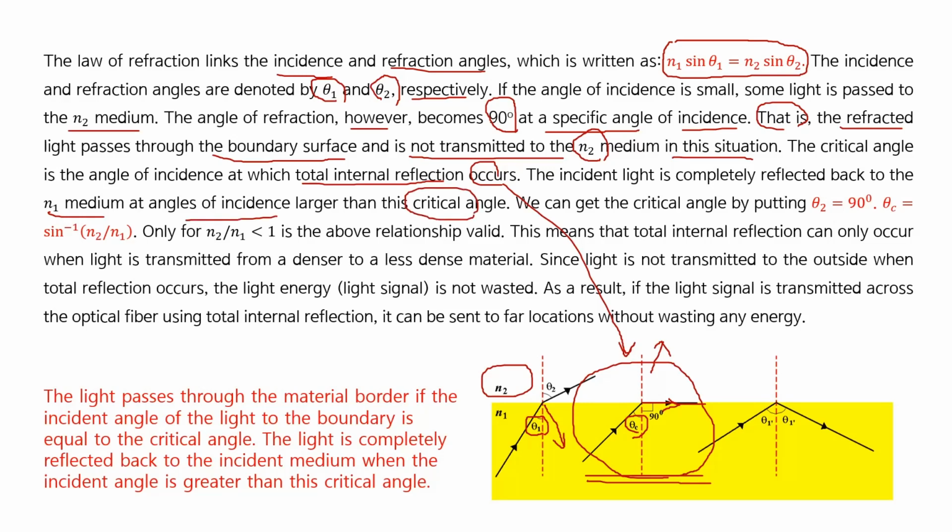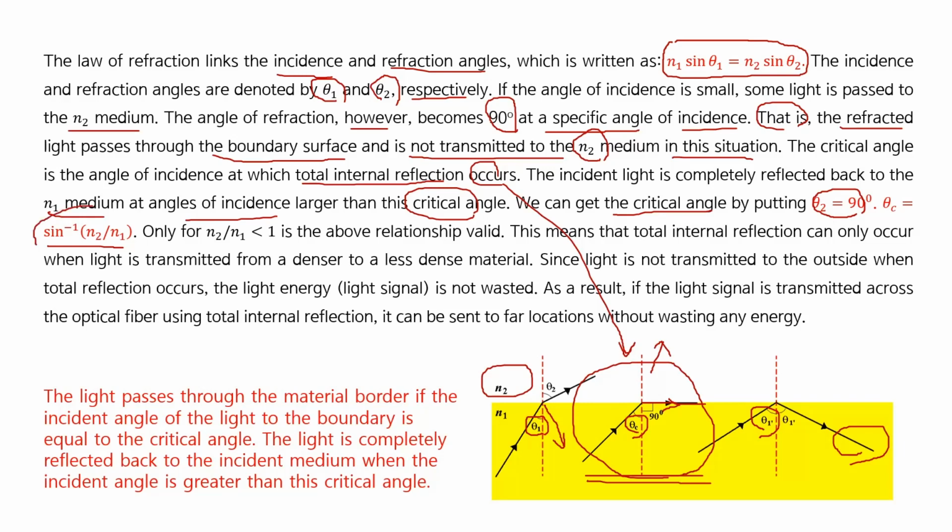So if the incident angle is larger than this critical angle, then all light is reflected back to the N1 medium. We can get the critical angle by putting theta 2 equal to 90 degrees. So the critical angle is given by this equation.